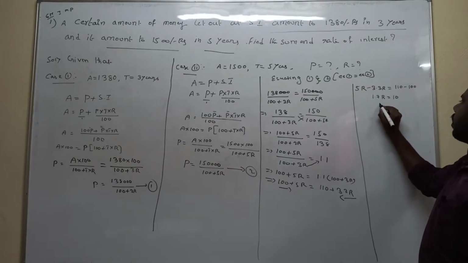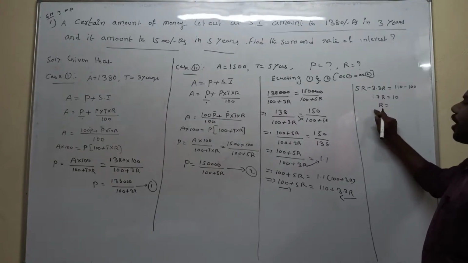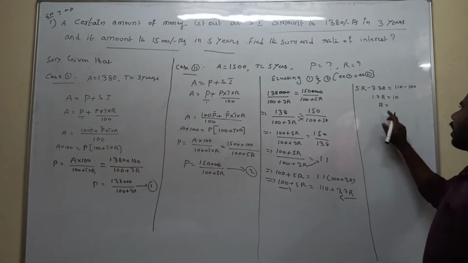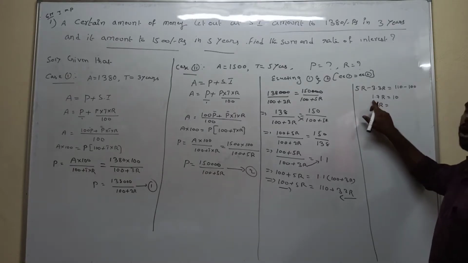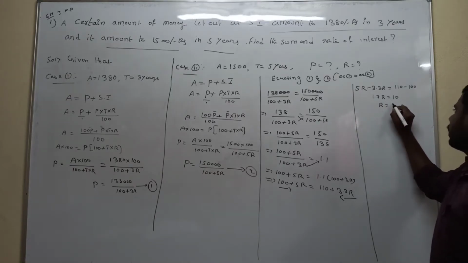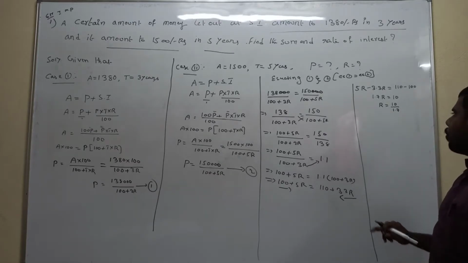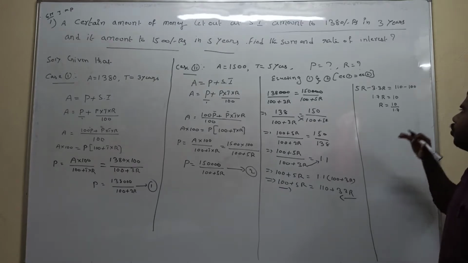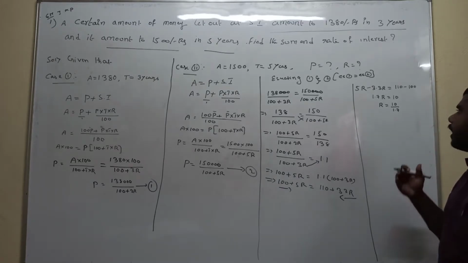We need to calculate the R value, so both sides are divided by 1.7. That gives 10 by 1.7, numerator 10 and denominator 1.7.